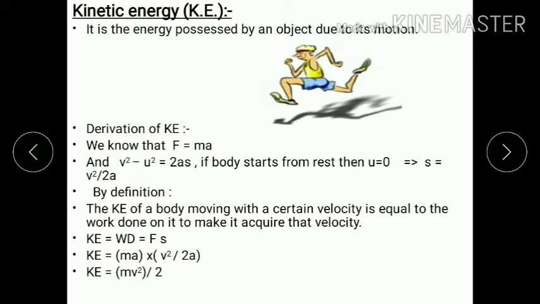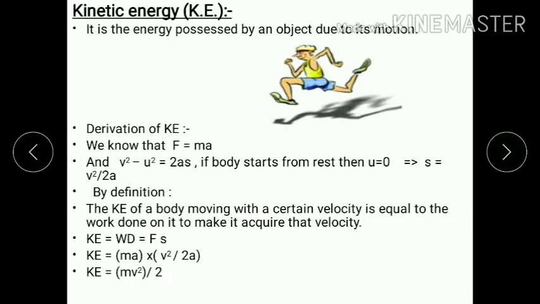By definition, the kinetic energy of a body moving with a certain velocity is equal to the work done on it to make it acquire that velocity. Okay, KE means kinetic energy is equal to Fs. So kinetic energy is work into displacement, W into d, where W is Fs.